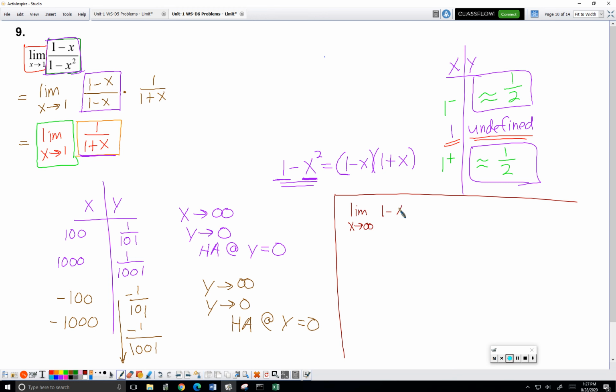Right? So tell me what you'd write next, Logan. Negative x over negative x squared. Because you're comparing the terms, and the negative x in the numerator is the dominant term, negative x squared in the denominator. What would you do after that?